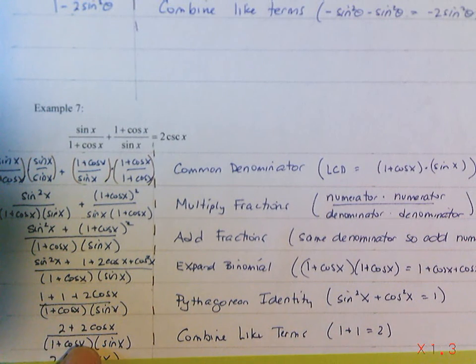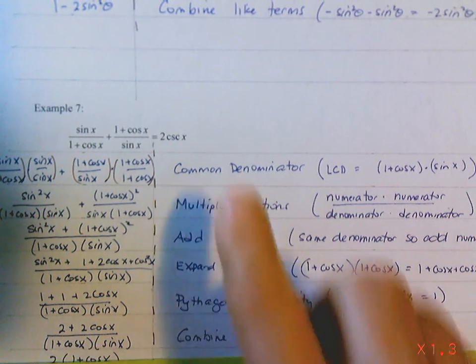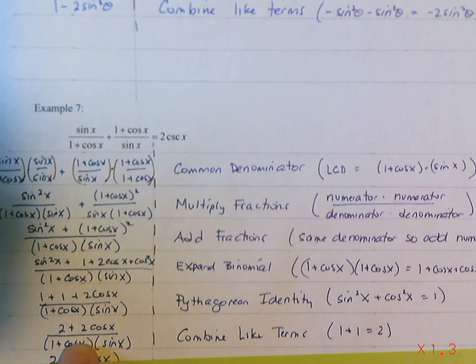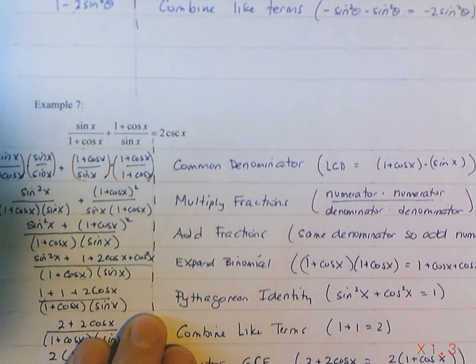And this is where I keep every step. I look back at what I want to get to. I want to get to 2 cosecant x. So I've got the 2. I don't have cosecant, but I have a sine here in the denominator, so 1 over sine is going to give me cosecant. So my next step is going to be to factor the 2. That's my greatest common factor.